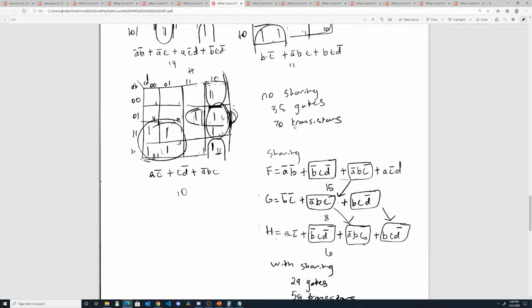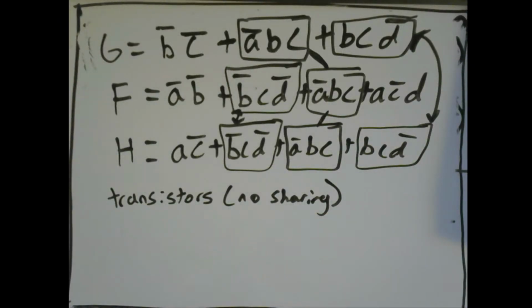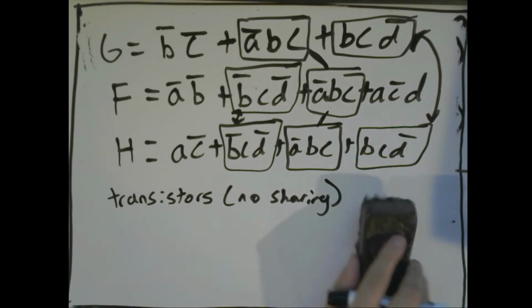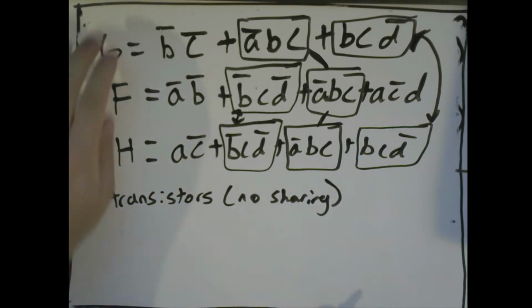One inverter per occurrence of the literal in each equation. Right, that makes sense. So it seems like we've changed how we're going to calculate this. So we can do this together. Let's take this G equation.